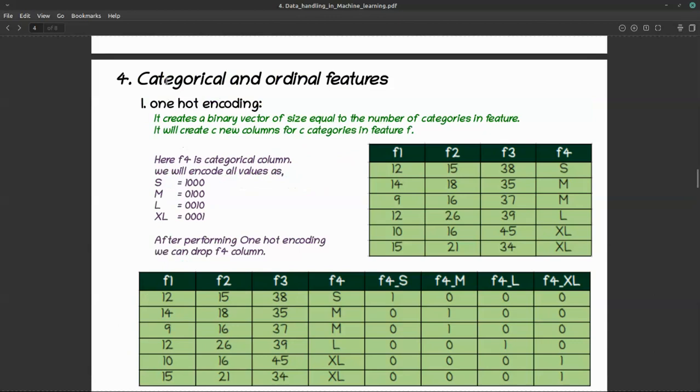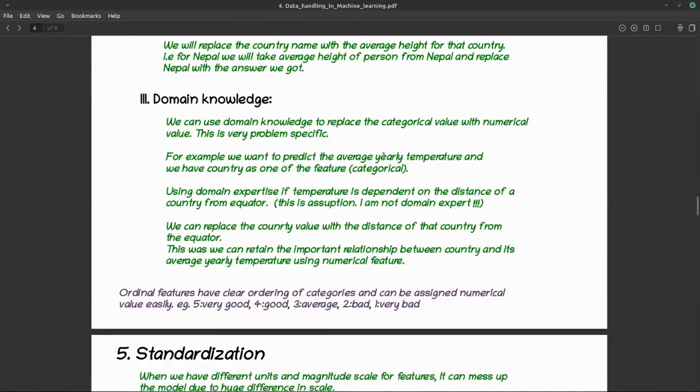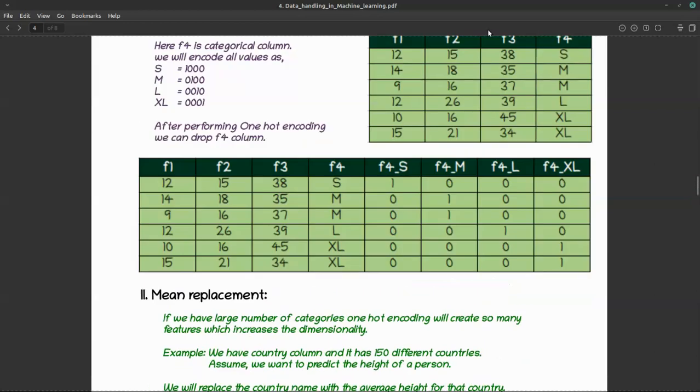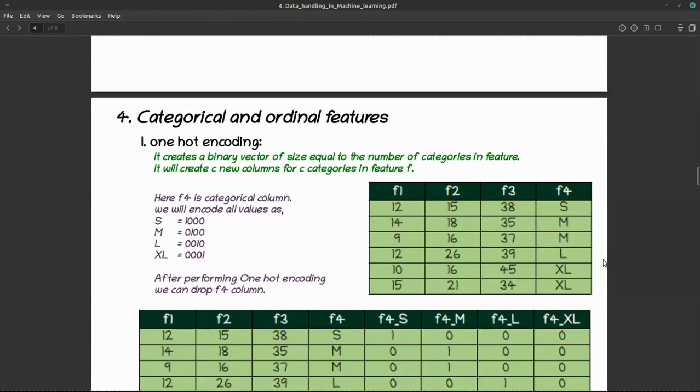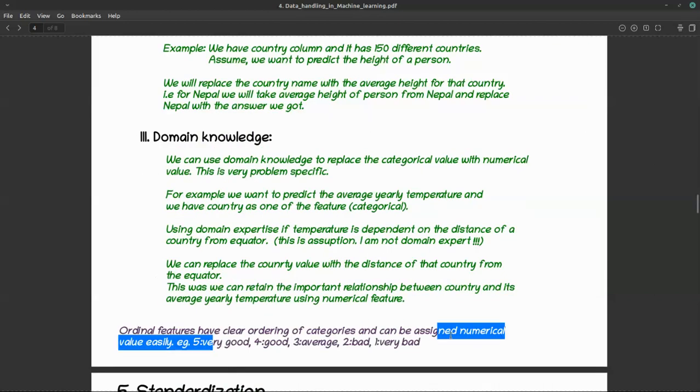And what is the difference between categorical and ordinal features? If you have a simple categorical feature like country or color, red, blue, and so on, that is one case. But if you have a categorical feature like small, medium, large, extra large, or very good, good, average, poor, and you think intuitively that there is a clear ordering, you can directly apply some number to the ordinal feature.